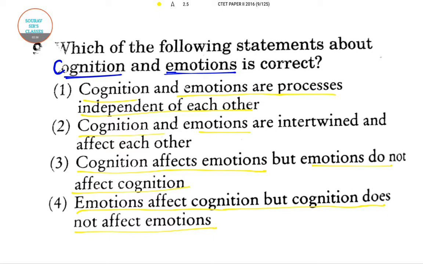The correct one is option 2, that is cognition and emotion are intertwined and affect each other. They are interdependent on each other.